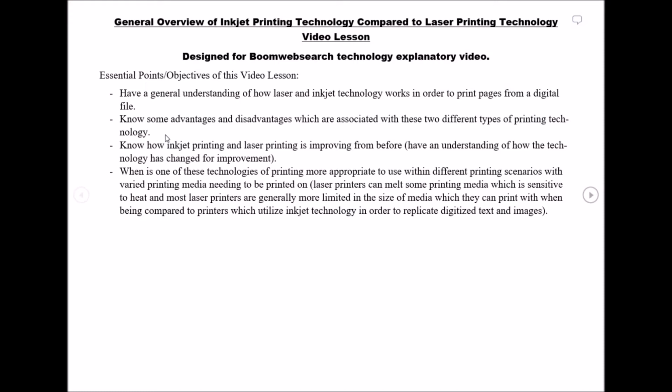The next one is to know how inkjet and laser printing has improved and how the technology has evolved. And our last objective is to know which type of printing technology is more appropriate for different scenarios where different media needs to be printed on.